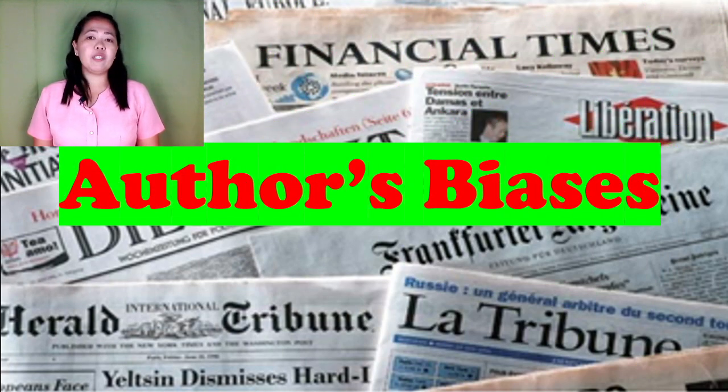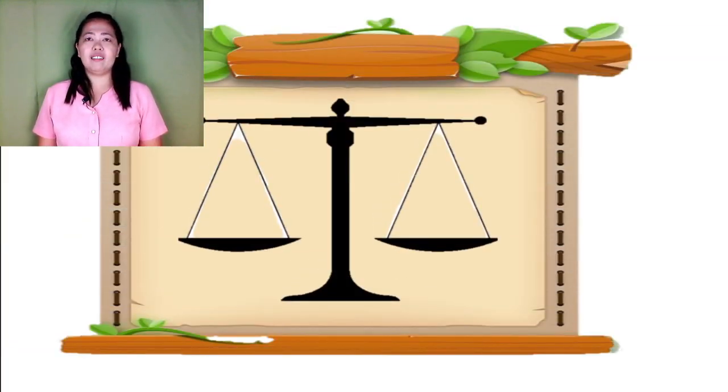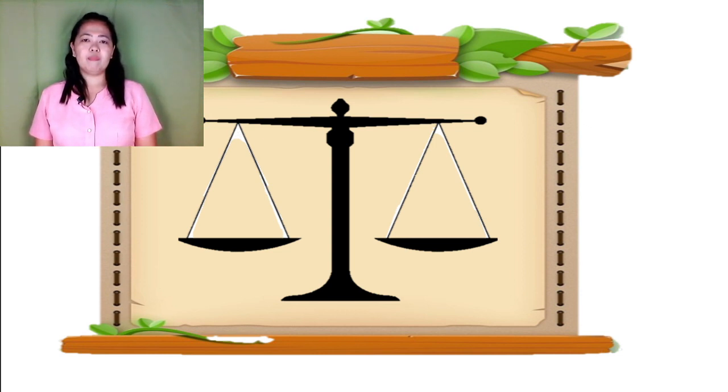But before we proceed to our lesson proper, let's take a look at this picture. Then tell me something about it. Let's get started. Okay, what can you see in the illustration? It's a lawyer's balance and figuratively, it signifies equality between or among issues without biases.